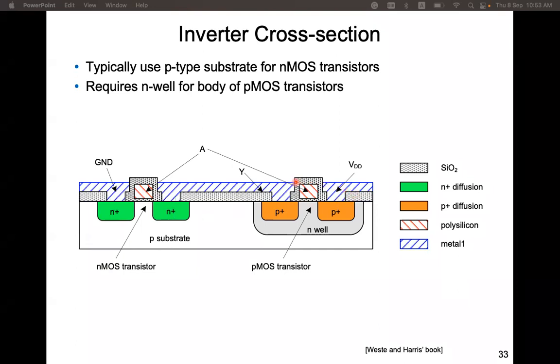For the PMOS, we need a P-type diffusion, and it is fabricated on an N region. So we need to create an N region called N-well on top of the substrate. And this is the gate.